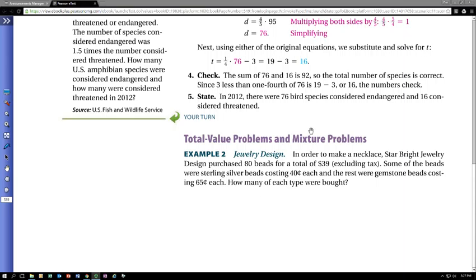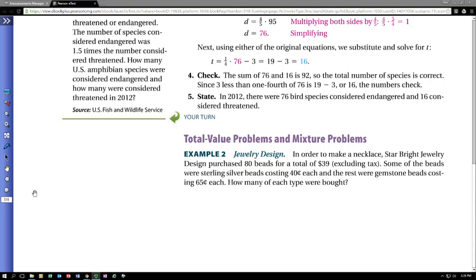So this example was introduced in Section 1, and let's go through that again. It says, in order to make a necklace, Starbright Jewelry Design purchased 80 beads for a total of $39, excluding tax. Some of the beads were sterling silver beads costing 40 cents each, and the rest were gemstone beads costing 65 cents.